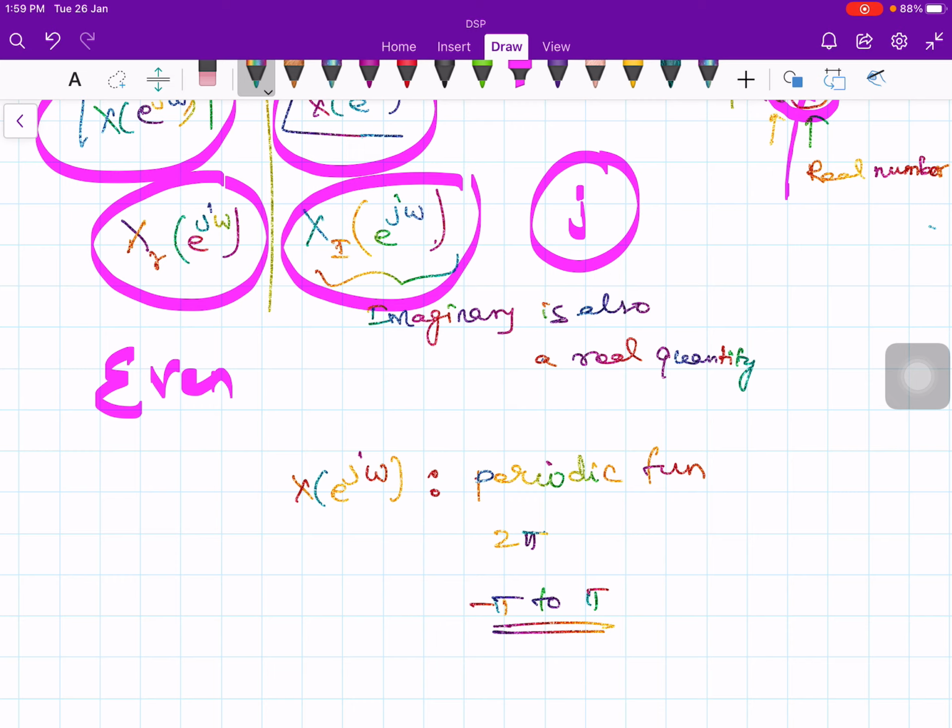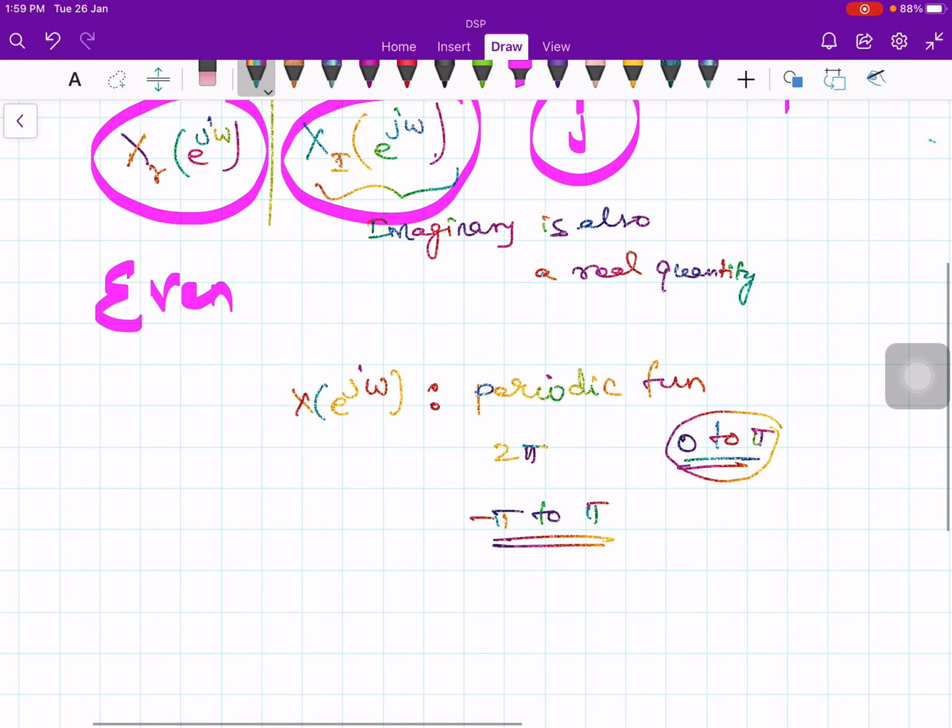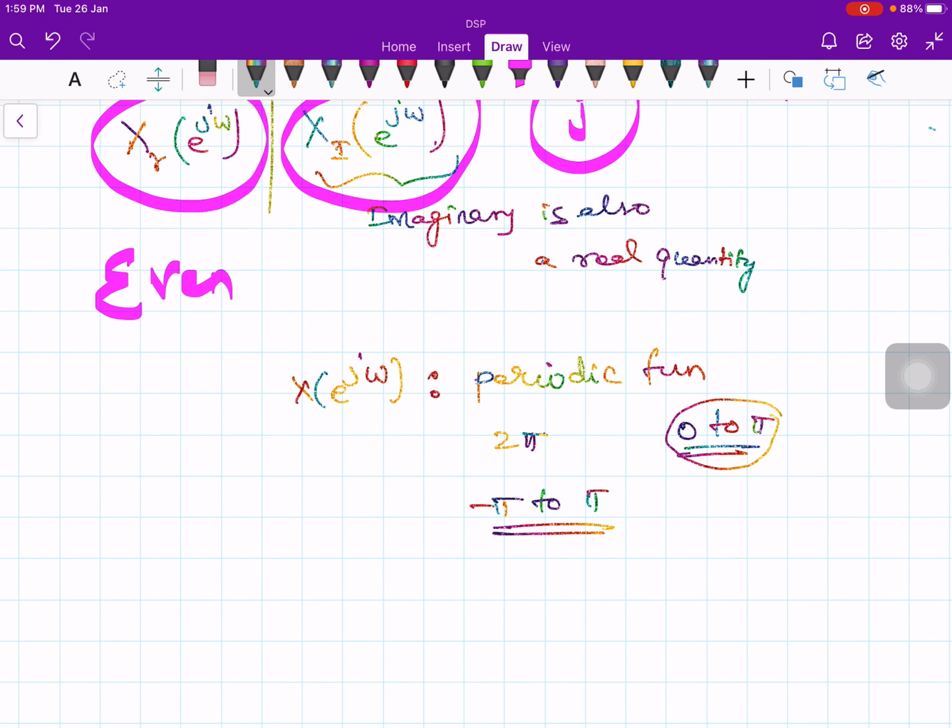Because of the evenness and the oddness of its parts, we concentrate only on 0 to pi. Once you know the behavior in this range 0 to pi, that is enough. Then we know the total spectrum.